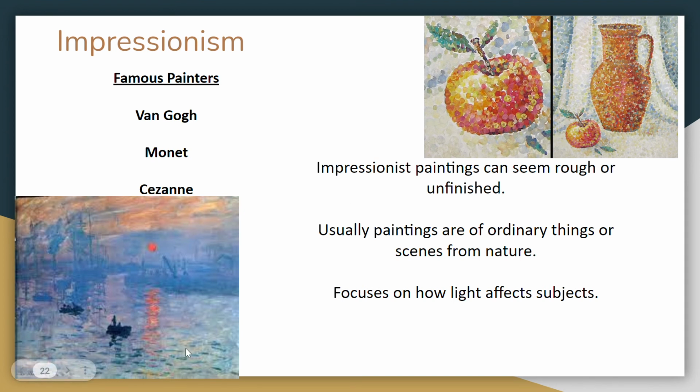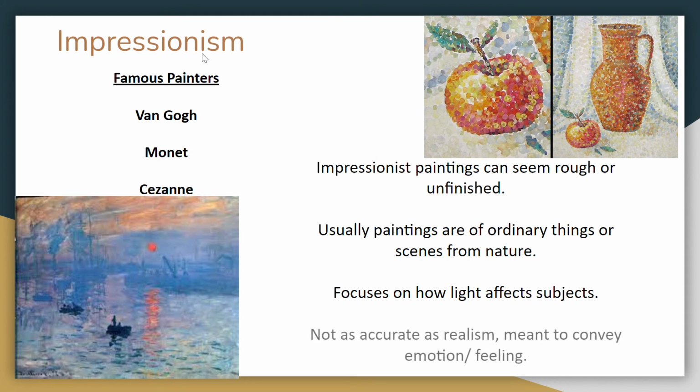If we look at this painting, the sun here is making this area lighter. So lighting is very, very important for Impressionism, right? It is very important. And it is not as accurate as realism, right? This is not what an apple looks like. This is not a photograph of an apple.